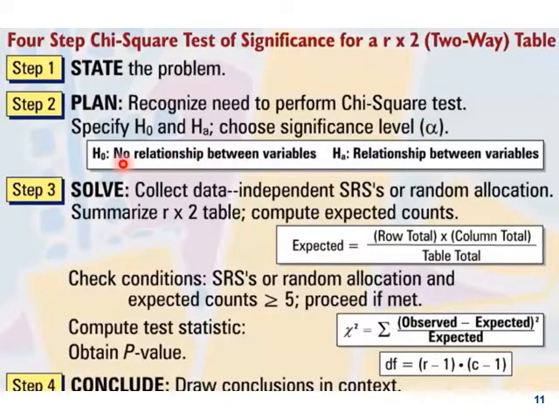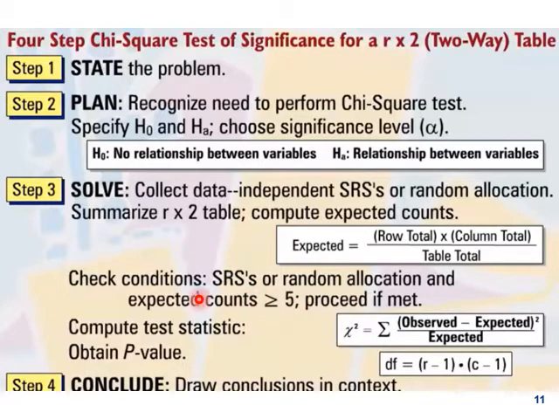When we perform a chi-square test, the null hypothesis is that there is no relationship, whereas the alternative is that a relationship exists. Step 3 is to collect data with independent SRS or random allocation, summarize it in a two-way table, and compute expected counts. Check the conditions: SRS or random allocation, which we do for every test, and the expected count should be greater than or equal to 5.